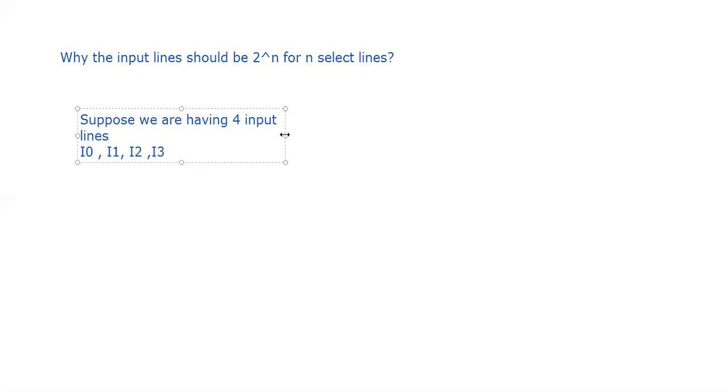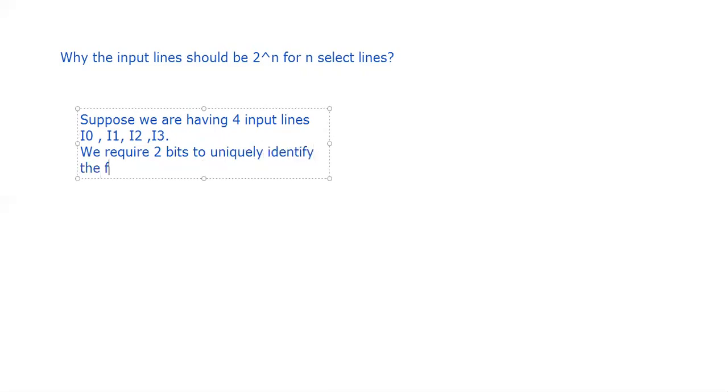Now, how many bits will be required to uniquely identify each of these 4 input lines? We require 2 bits to uniquely identify the 4 input lines. Why?